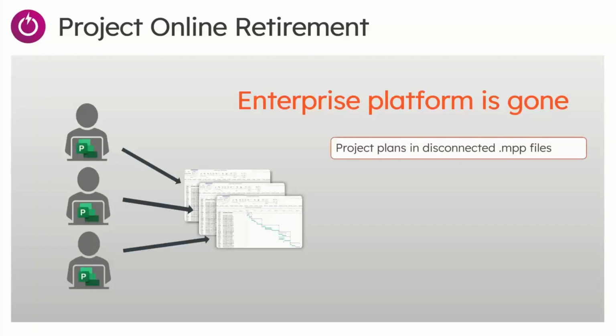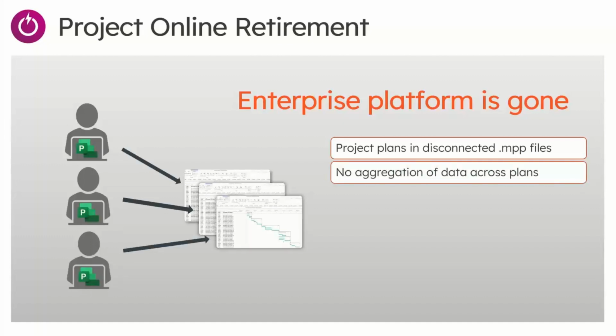So clearly, what we may be left with is the need to store our project plans in individual files, .mpp files. Microsoft Project as a desktop planning tool survives the retirement of Project Online. So Microsoft Project continues to be available, but it stores its data in individual files. And we have no way of aggregating data from these files.